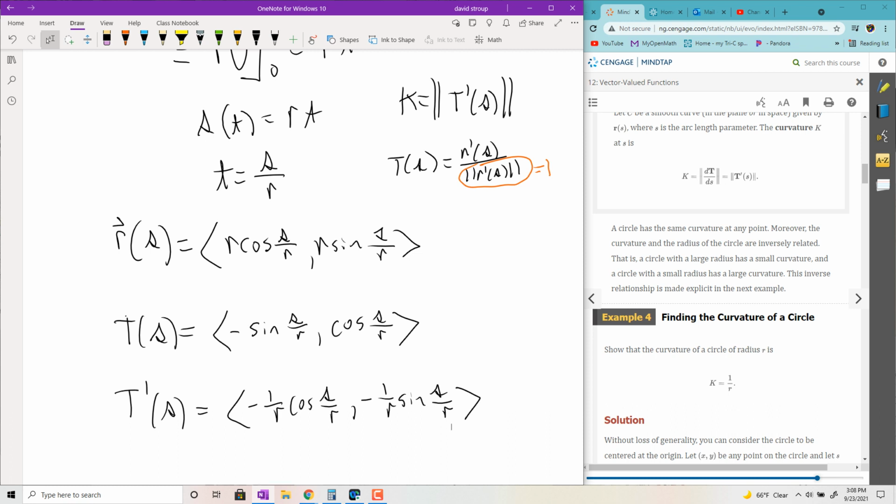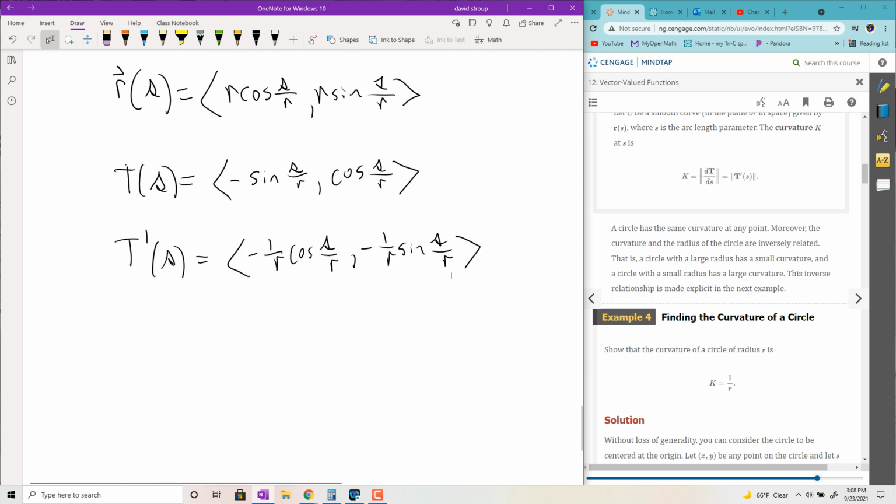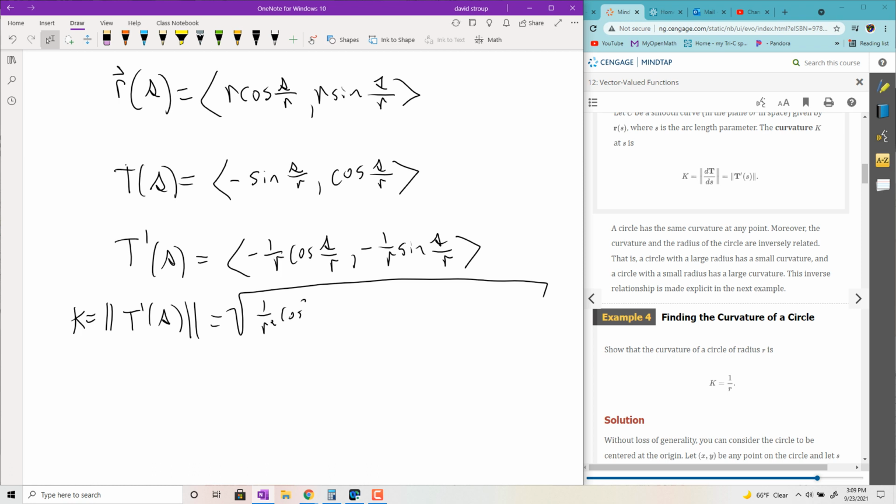Okay, so anyways, then I need the magnitude of this guy, and that will be the curvature. So the magnitude of t prime of s is going to be the square root of 1 all over r squared cosine squared of s over r plus 1 all over r squared sine squared of s over r.